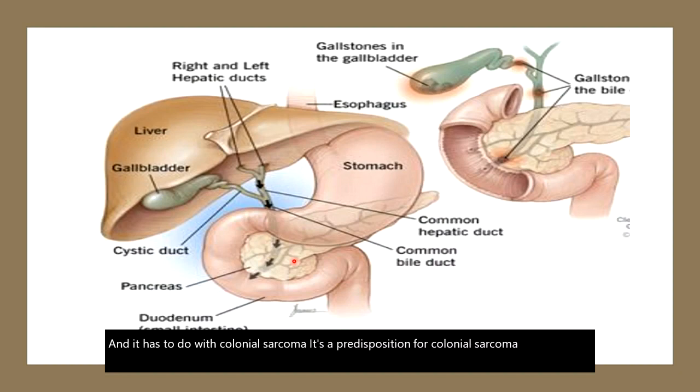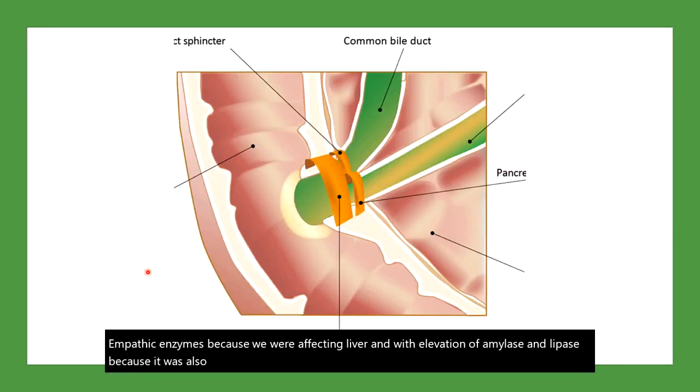And we discussed a case that indicated all symptoms, with elevation of hepatic enzymes because we were affecting the liver, and with elevation of amylase and lipase because it was also affecting the pancreas. This is the Oddi sphincter.